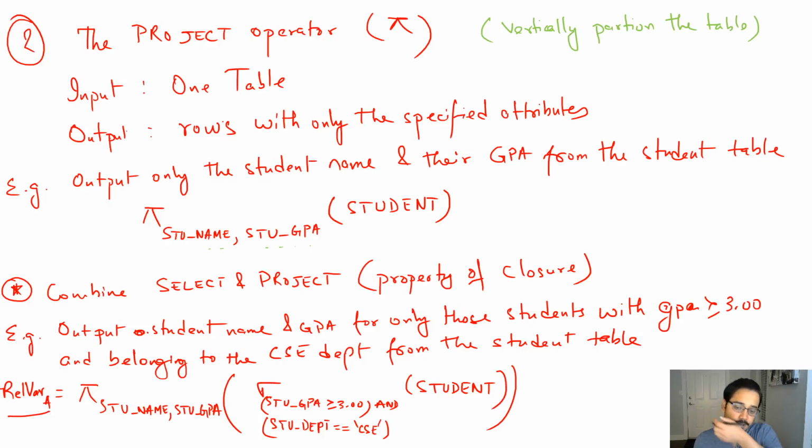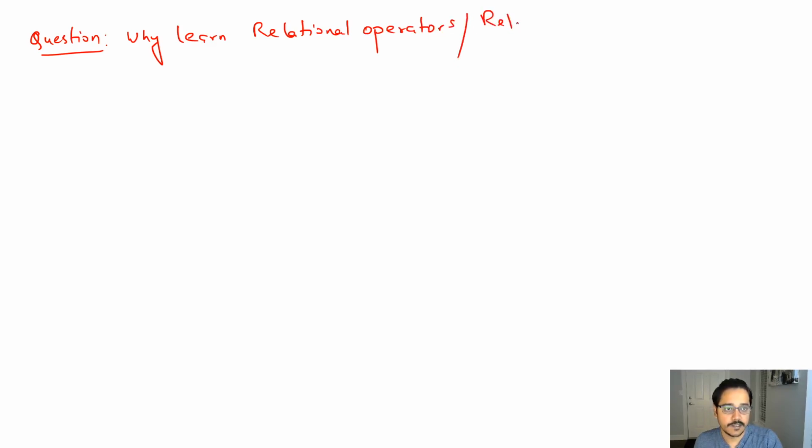Okay, so now before we move forward, a question that can come up in our mind is why learn relational operators and relational algebra notations? So these are just theory, right?